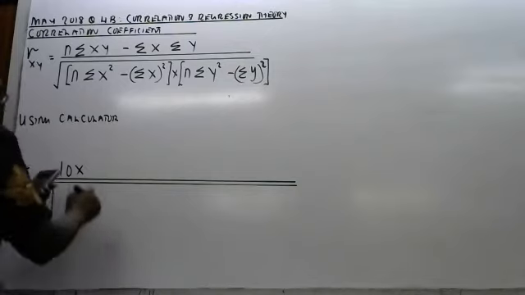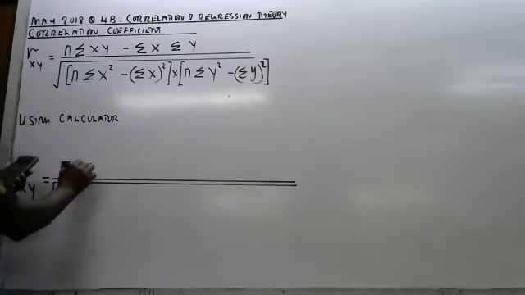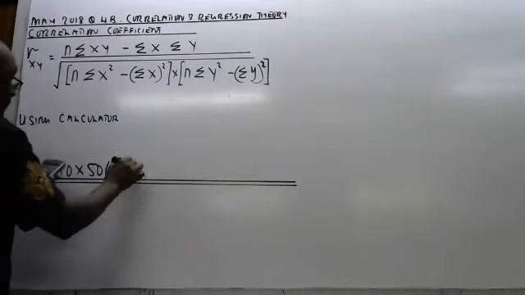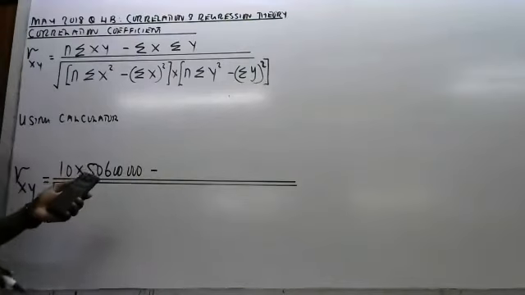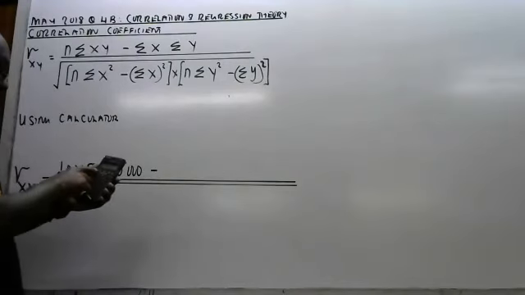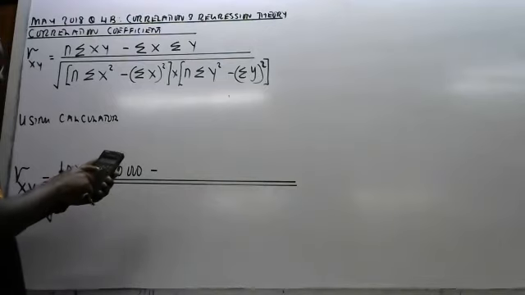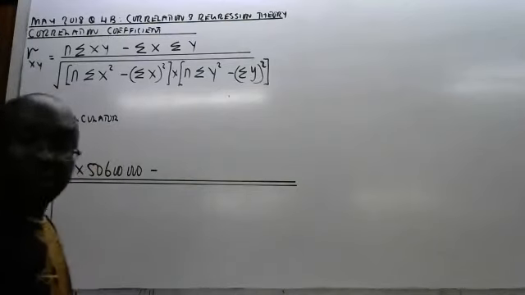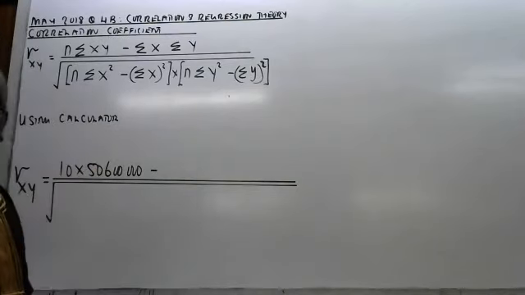Yeah, good. I can see the figures. 50,600,000 minus sum of x. Shift, button number 1, sum of x. Send me the sum of x.